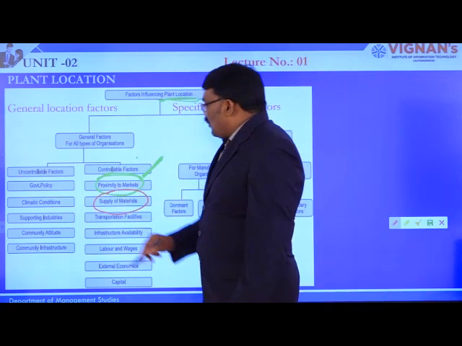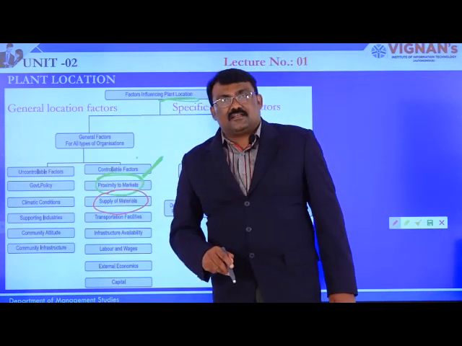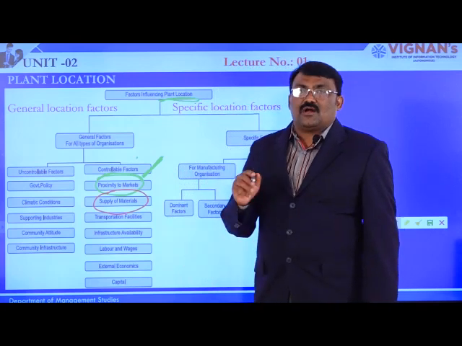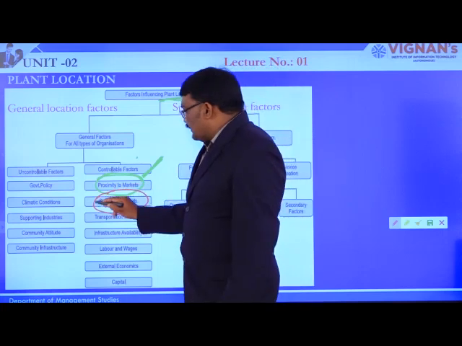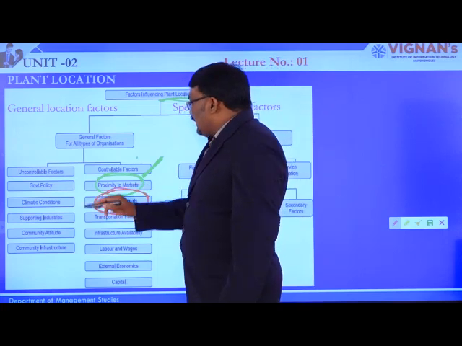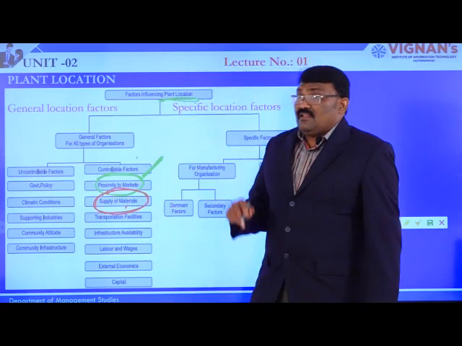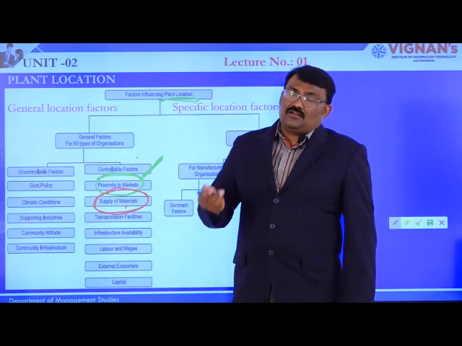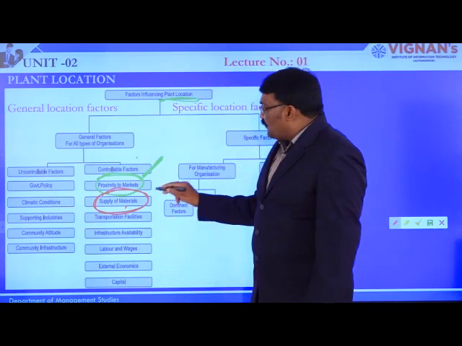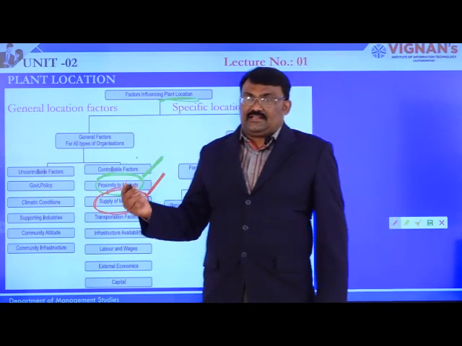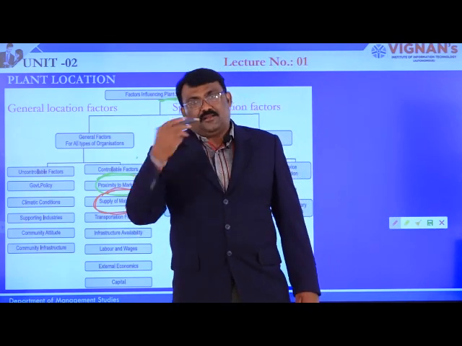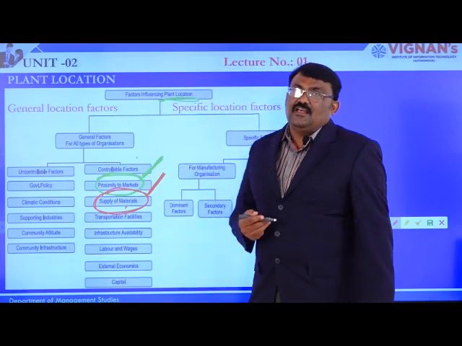Now, coming to the second one, that is supply of materials. Supply of materials is nothing but the suppliers who supply the raw materials to the organization. Suppliers are under the control if they supply regularly to the organization in the form of an agreement.